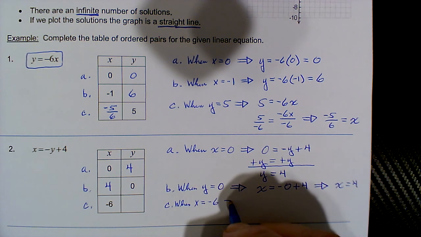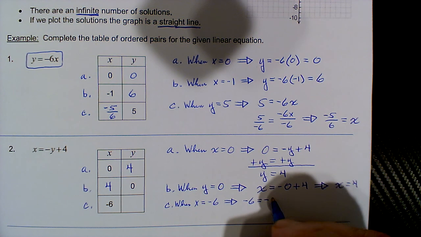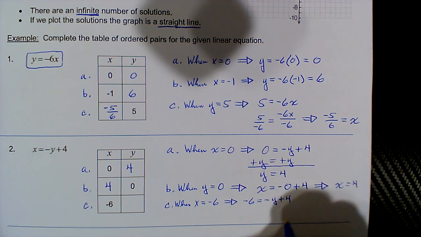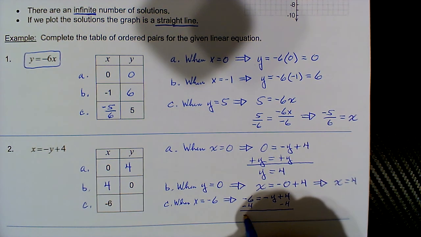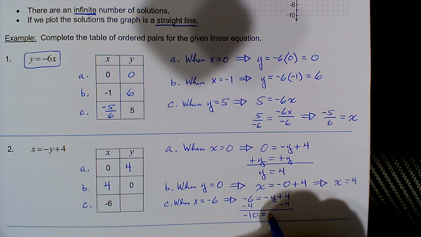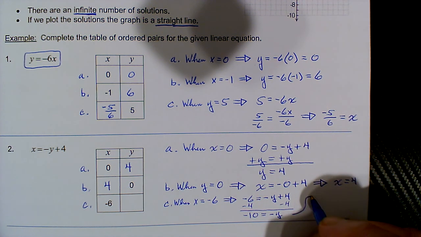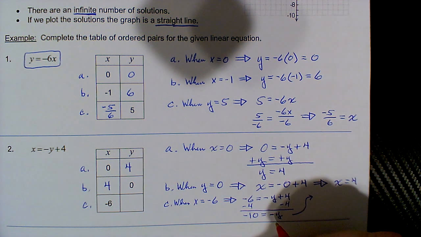When x equals -6, then we get -6 equals -y plus 4. If we subtract 4 from both sides to solve for y, we get -10 equals -y. And let me bring it up here. But now I've got to get y, not -y.